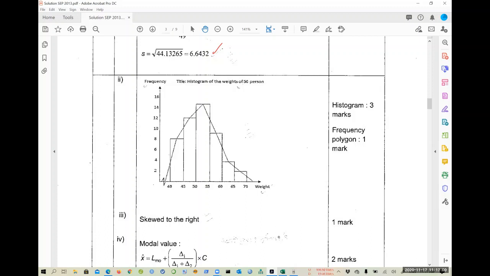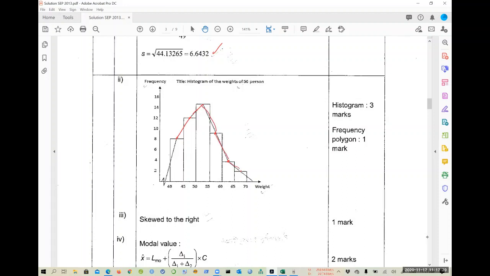And for the polygon, what you just need to do is simply take the value in the middle of the bar, and then you connect the lines. Connect the points like this.